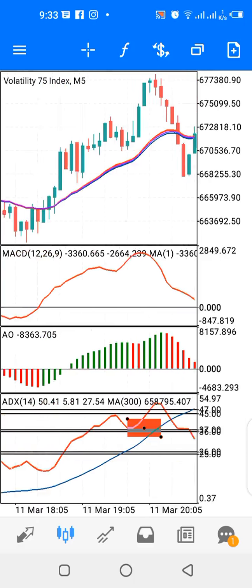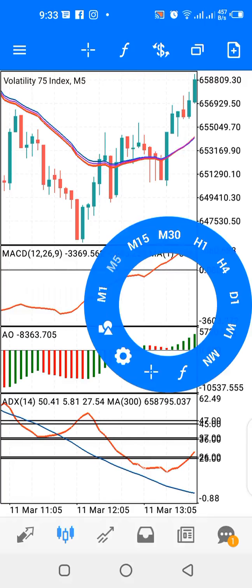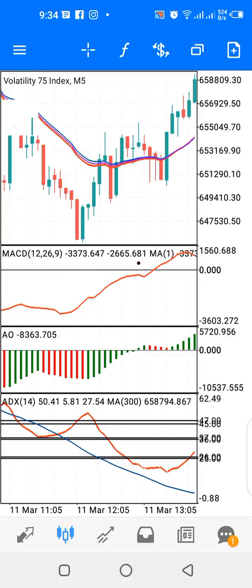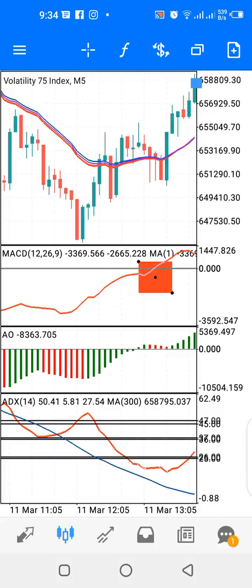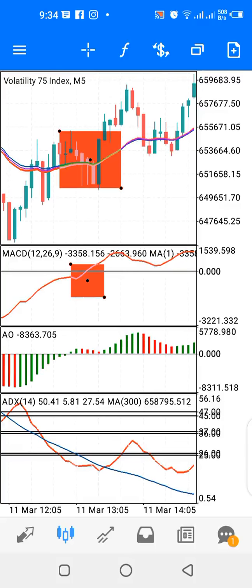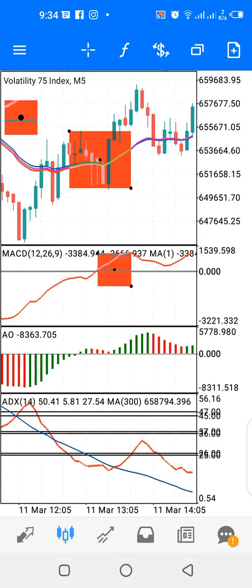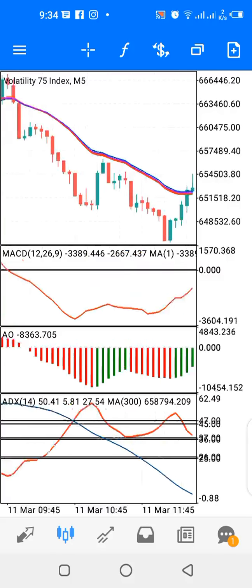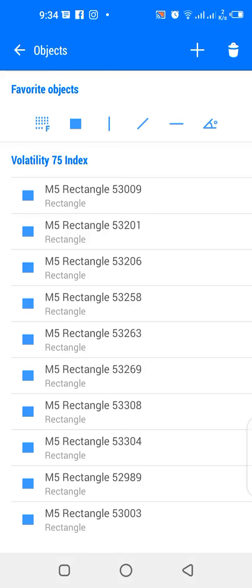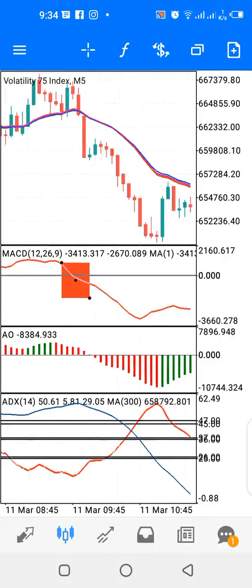And for indicator window 1, when the red line crosses above the 0 level, that's time to buy. We can see what's happening on the main chart. As long as the red line is above 0, look for buy entries. For the sell scenario, when the red line crosses down, look for sell entries.